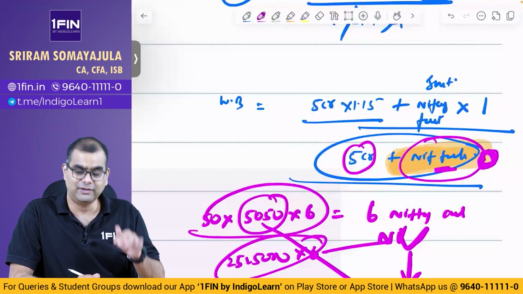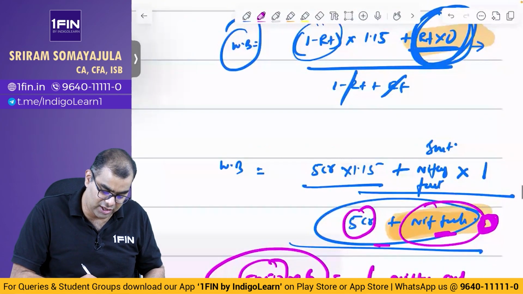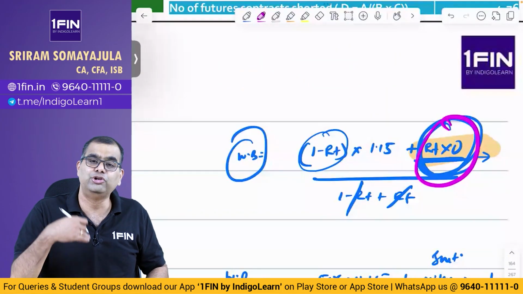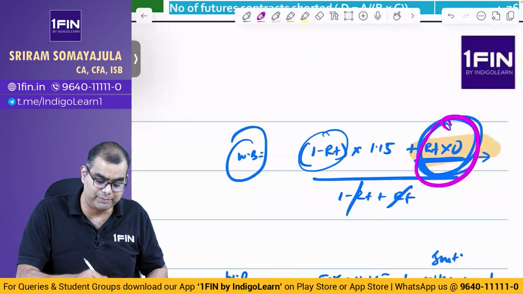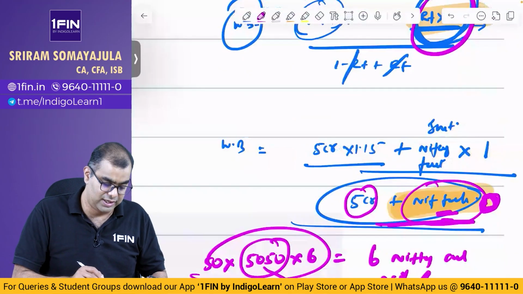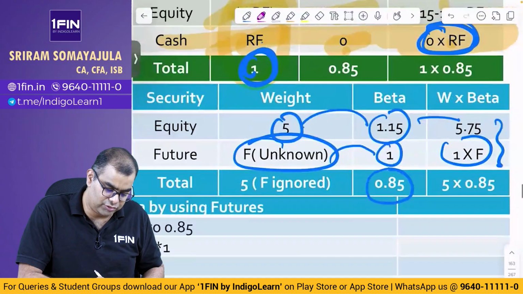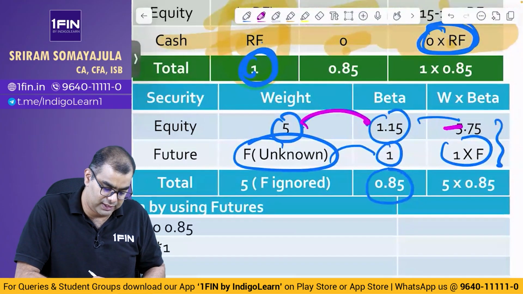So what is going to happen? On the denominator side you will take Nifty as 0 value. In the numerator, the risk-free asset you will take as 0 value and beta 0. So this is how you will compute. What will come? 5 into 1.15 which is 5.75. This is F, unknown.